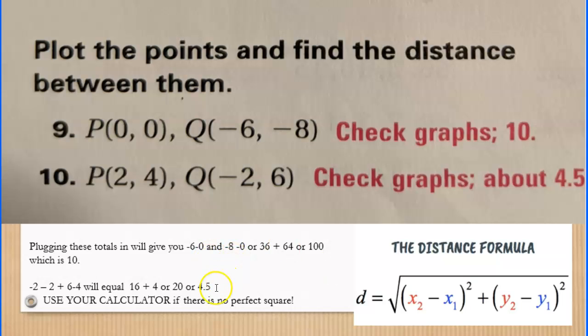Now, I didn't work out all the math on this just because creating the symbols for all of this on the computer was a lot of work. So, what you will have to do on a test is just plot the points. On the test, I've given you some graph area to plot the points, and then you will have to figure out the distance between them.